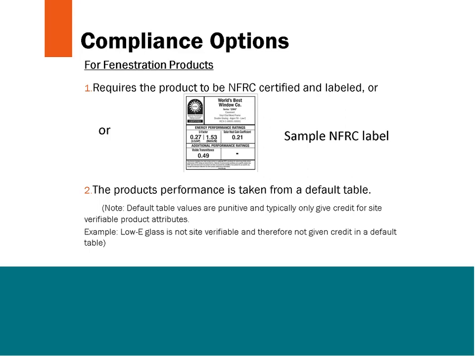If not, the product performance has to be determined in compliance from the default table. Attributes such as low-E glass or gas fills are not given credit as they're not able to be tested on site. So they're used basically as a negative, and require that the frame material and any of those be referred back to the default table.